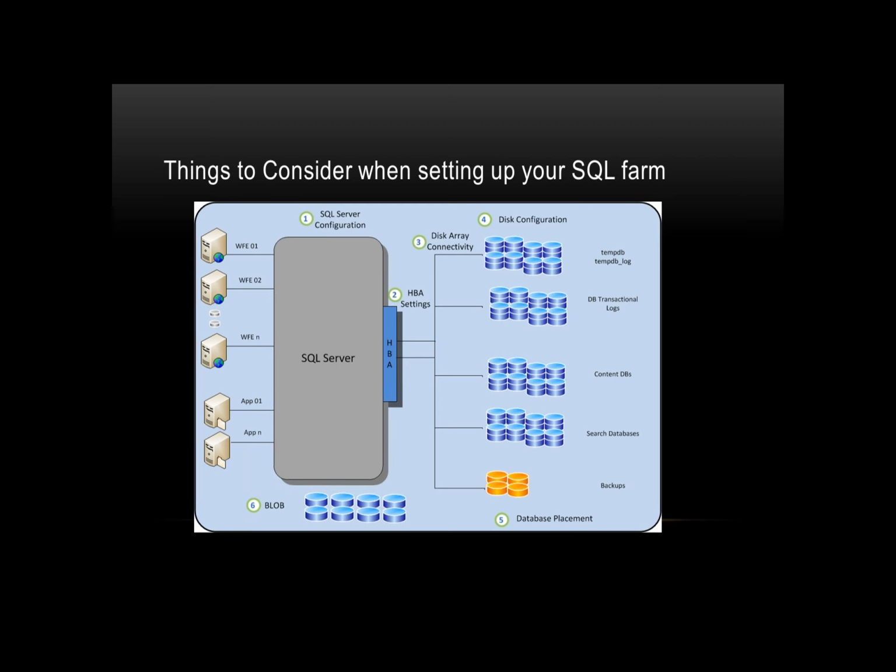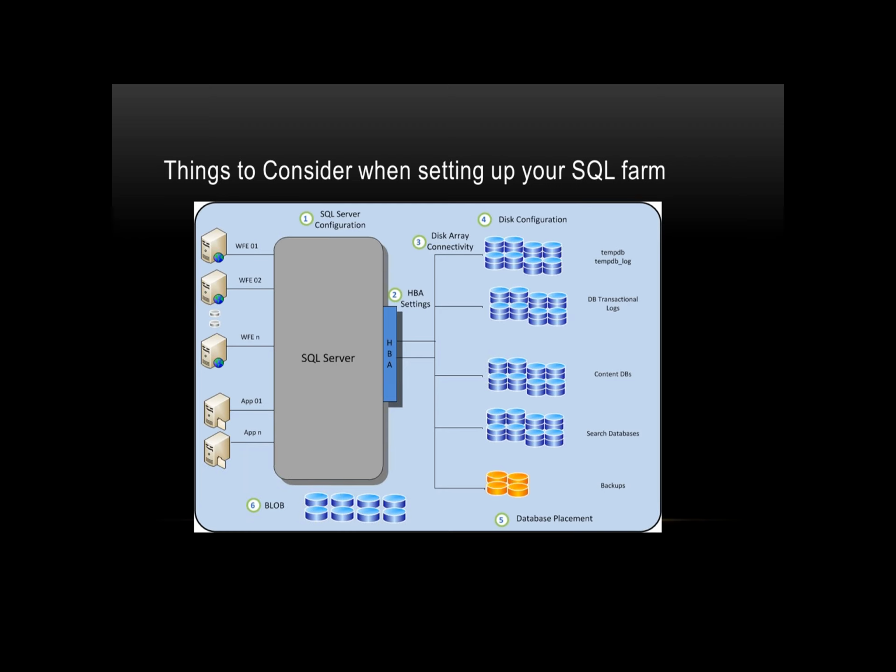The fifth thing to consider is database placement. Where should we put these databases? Obviously, you don't want to put all your databases sitting in a single LUN. By putting the databases on separate LUNs, it allows for more concurrent connections. Each logical drive has a number of connections that it can have.